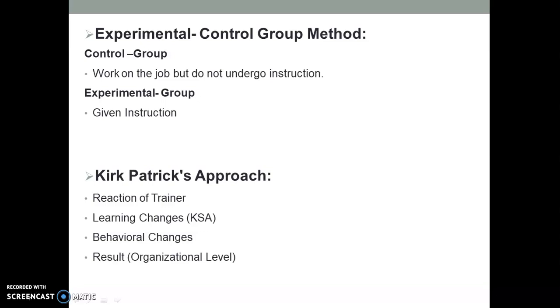Now, the third dimension to be considered for training evaluation as per the Kirkpatrick approach is behavioral changes. Behavioral changes can be understood in the dimension of the operations an individual does with respect to their job profile, or actions, and the behavior that person shows with all the socially connected people in the organization.